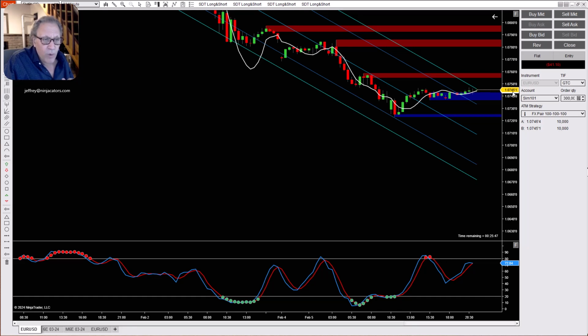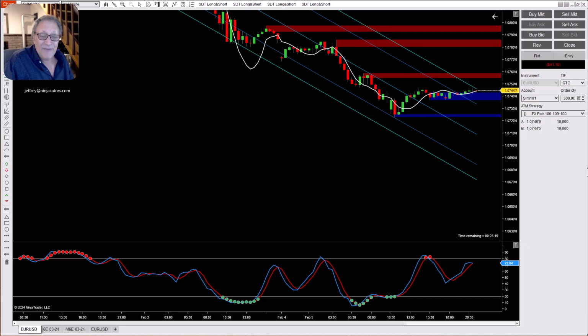So if you look at where the value is right now, these are live charts, 1.0745. A move to 4.6 is a one pip move up. A move to 4.4 is a one pip move down. And every one pip move is $10. And so that's for a standard lot. For a mini lot, it would be $1. For a micro lot, it would be 10 cents.